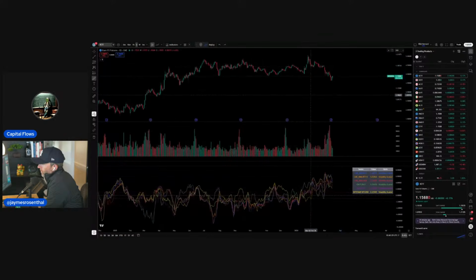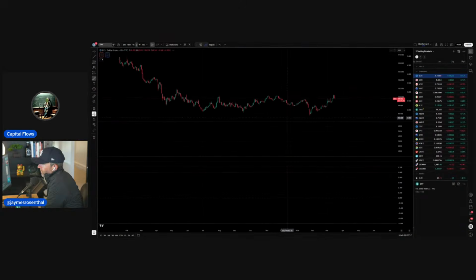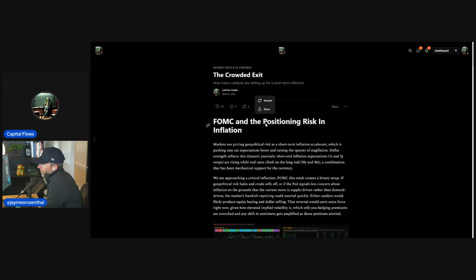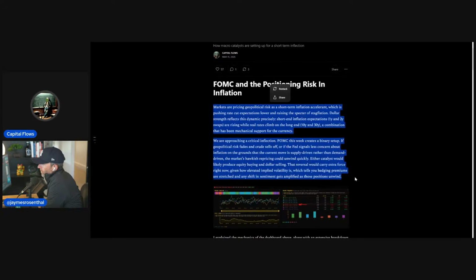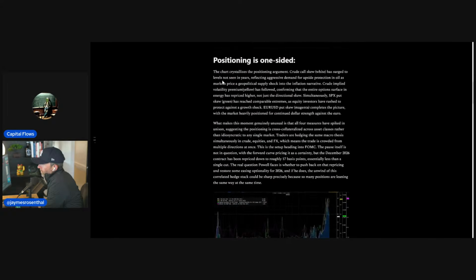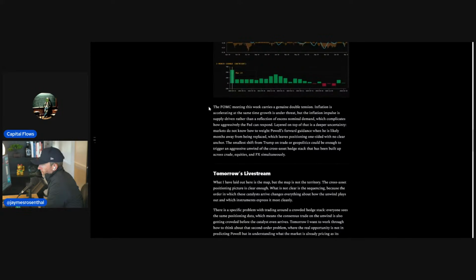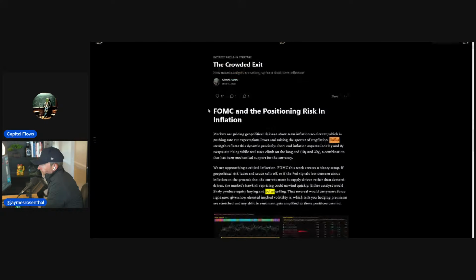as the dollar begins to weaken. If you were on the website and you went to the crowded trade section and went through the recent report that I wrote, the chart crystallizes how this positioning is cross-collateralized, which means that this is likely to produce equity buying and dollar selling.